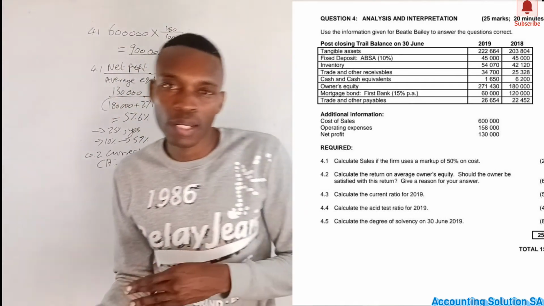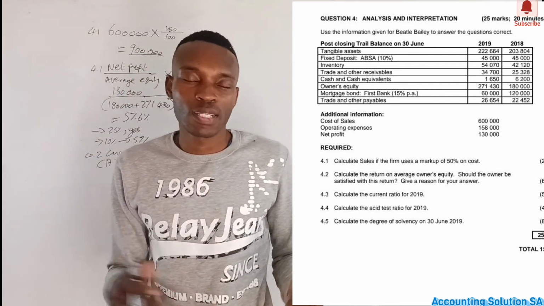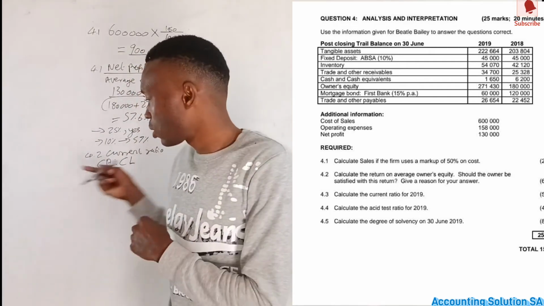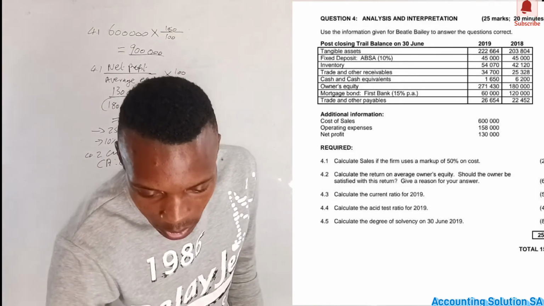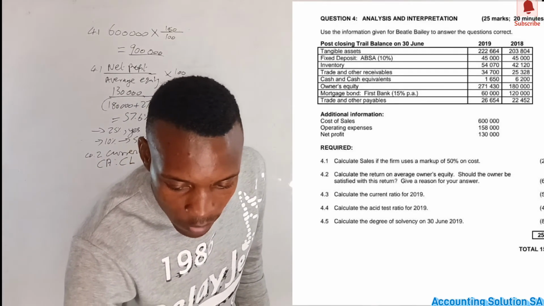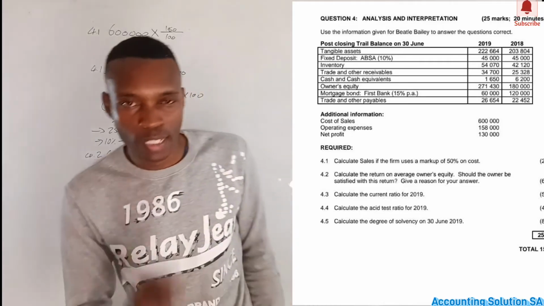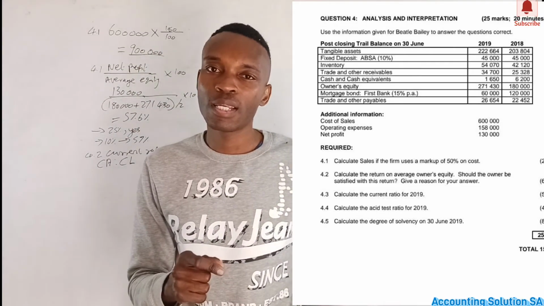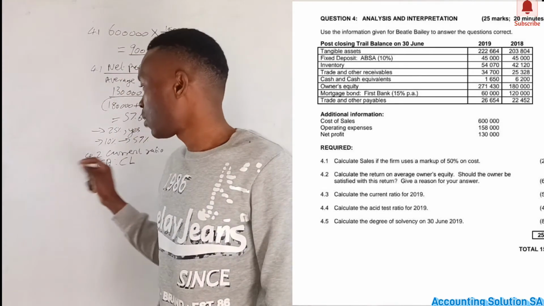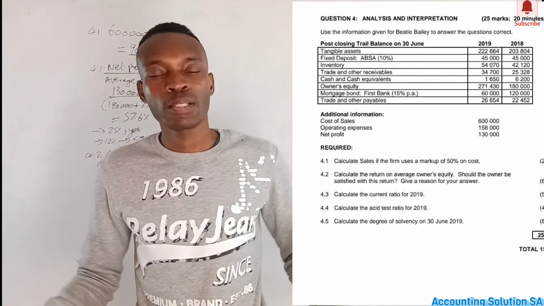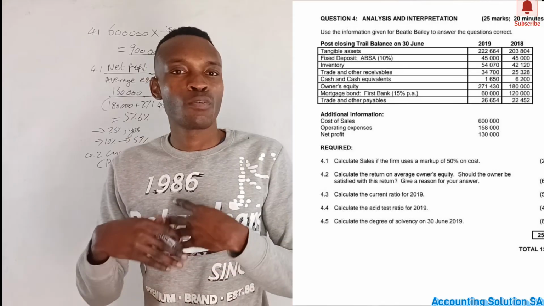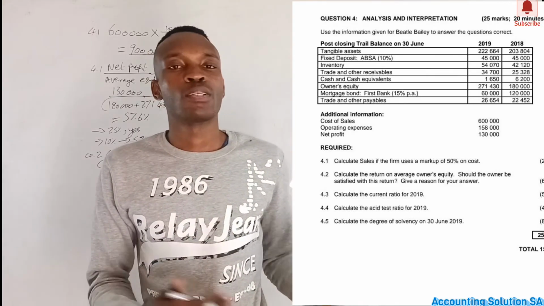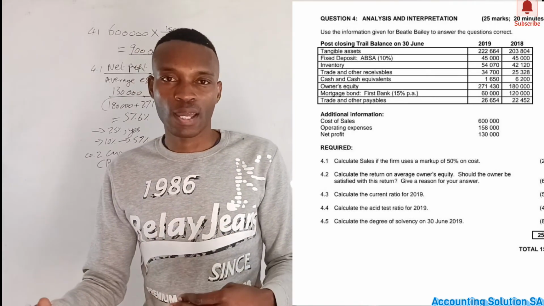When we talk about current, it simply means short-term assets and short-term liabilities. Then let's go and check. The first asset that we have is tangible assets, but tangible assets are not short-term assets, they are long-term assets. When you buy a vehicle, you are expecting to use it for longer than 1 year. It simply means that it's a non-current asset.